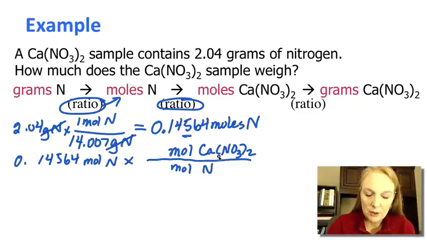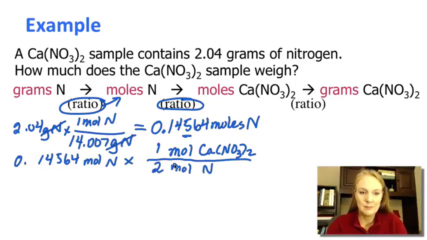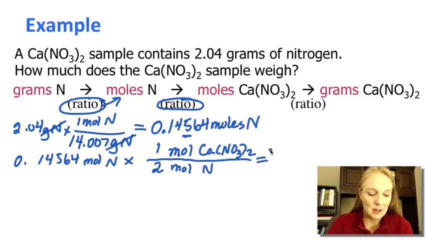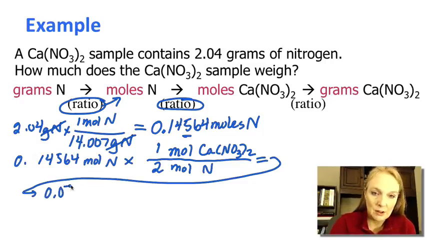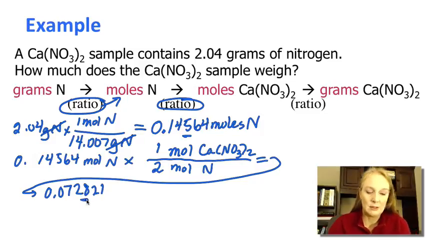And then I'm going to look for the mole ratio. And it looks to me like 1 mole of calcium nitrate contains 2 moles of nitrogen. So basically I need to take that number 0.014564 and divide it by 2. And that gives me an answer of 0.072821. And again, I only have 3 significant figures, so I'm going to underline the 8.